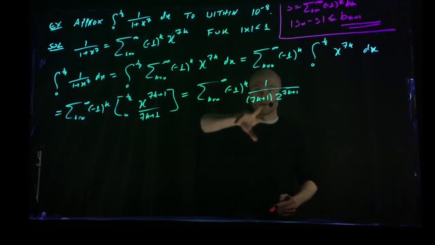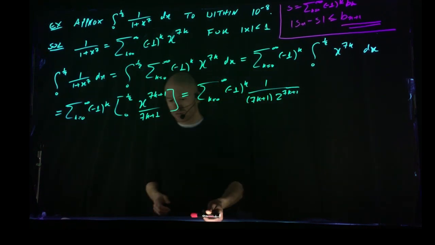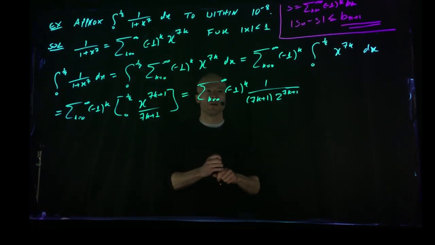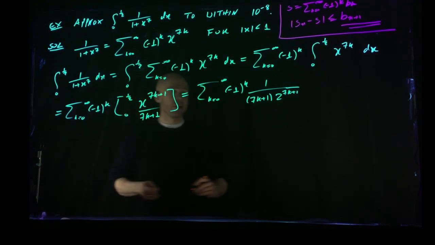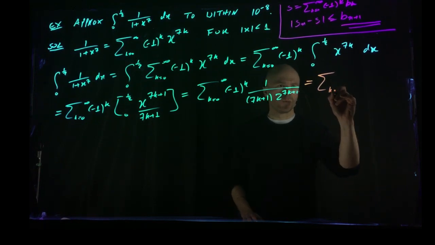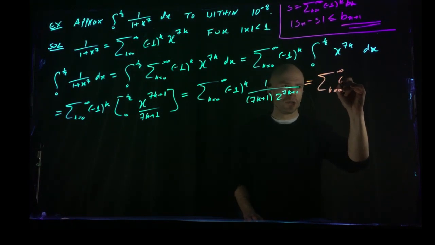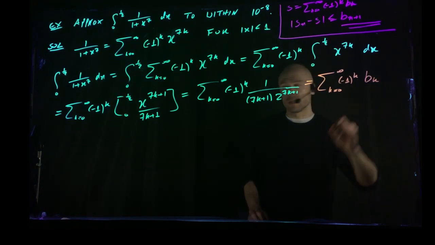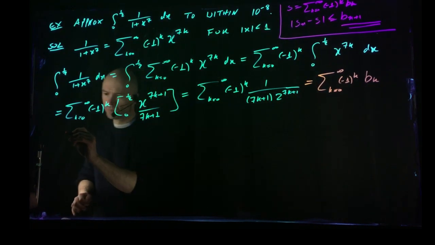So this is now just an alternating series. So our task is to find, which color? Let's do this one. So I'm going to write this as the sum from k equals 0 to infinity of minus 1 to the k, b_k, where b_k are these terms.